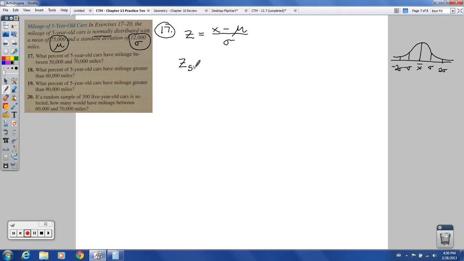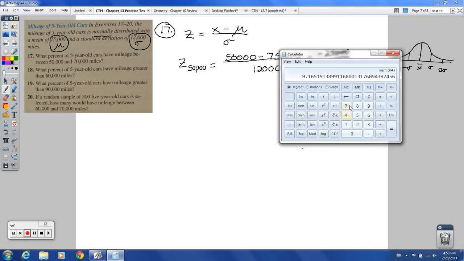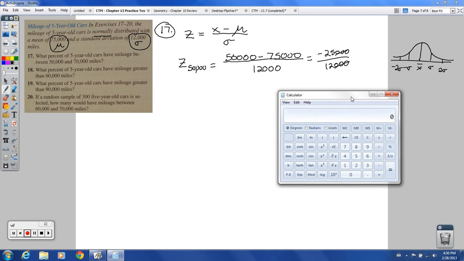So the Z value for 50,000 miles is going to equal 50,000 minus the mean value, 75,000, over the standard deviation, which is 12,000. This equals negative 25,000 over 12,000. You could cross off the 3 zeros with the 3 zeros there, and then think of that in a calculator, would be the fastest way to do this.